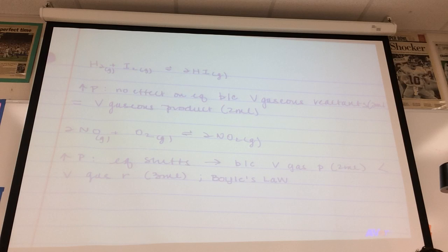Equilibrium would shift to the... it says constant external pressure. You shift to the side with the larger volume, so equilibrium would shift to the left because the volume of gaseous reactant is 3 mils, which is greater than the volume of gaseous product, which is 2 mils.